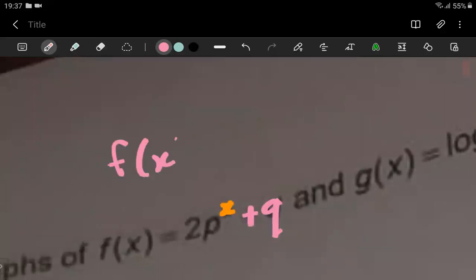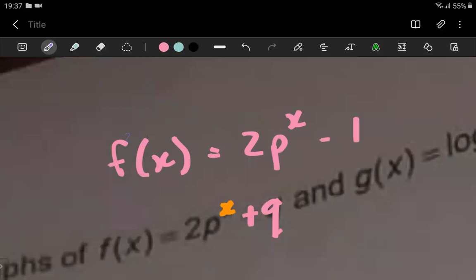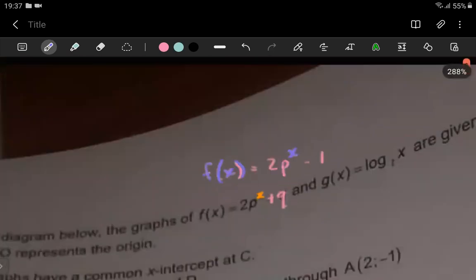So our graph of f of x, so far it just looks like P to the power of x minus 1. Normally if you want to work out a variable, what you need to do is throw in a coordinate that the graph passes through. And we have a coordinate that the graph passes through, because there's a y value and an x value that we have.